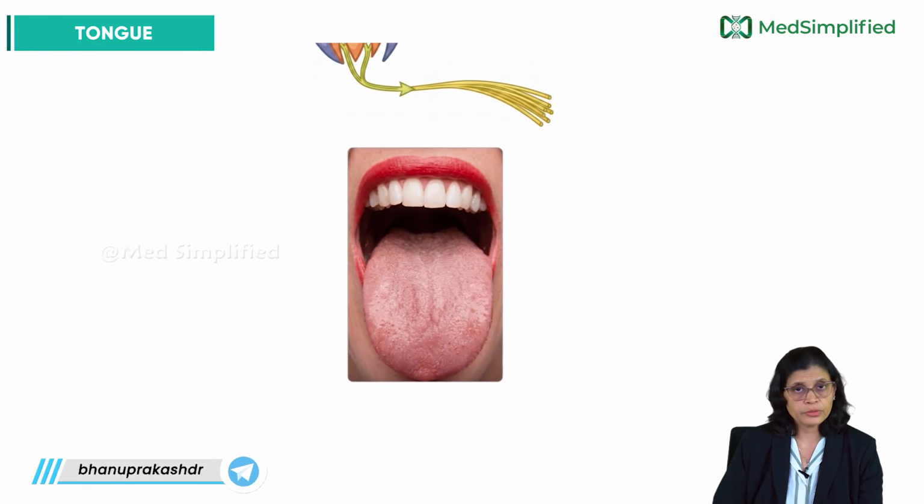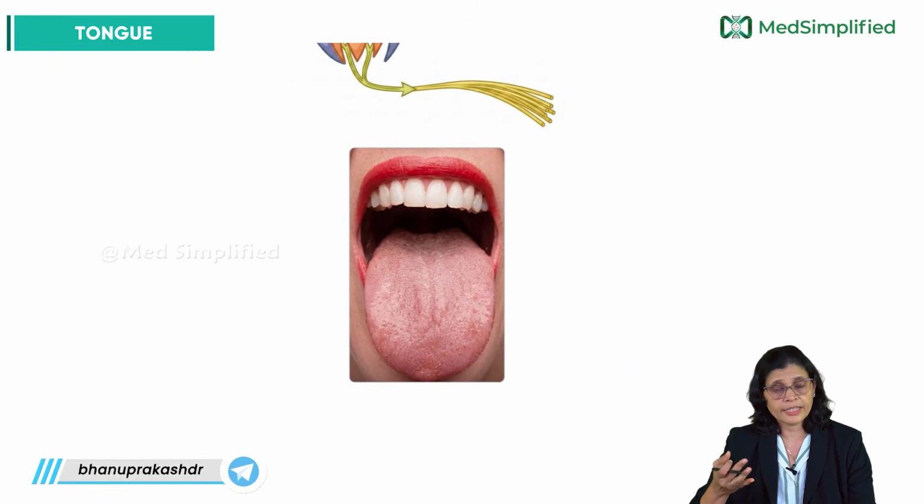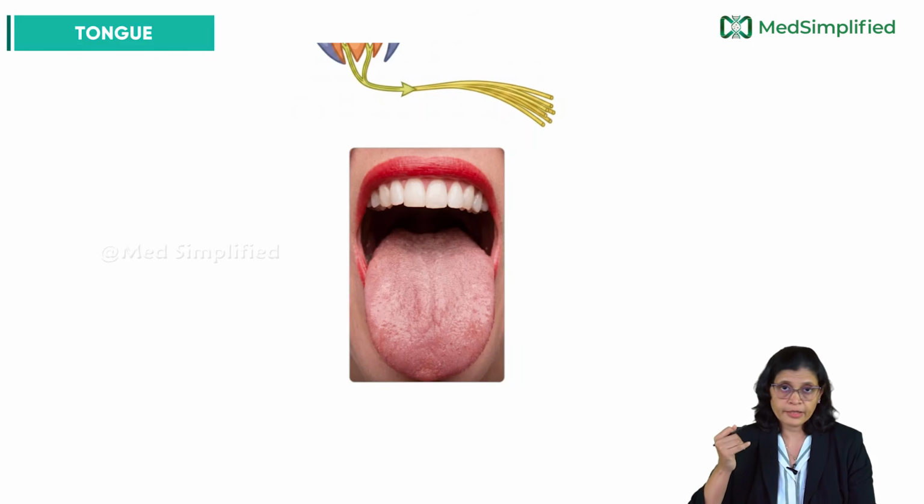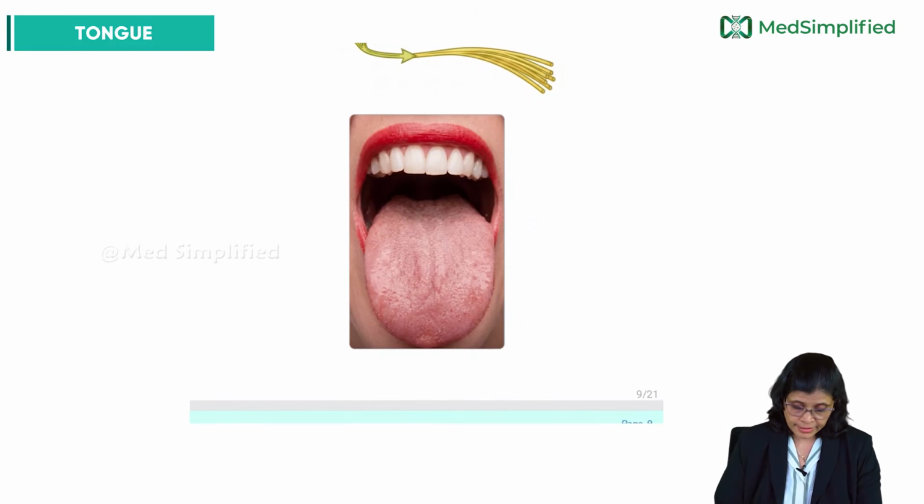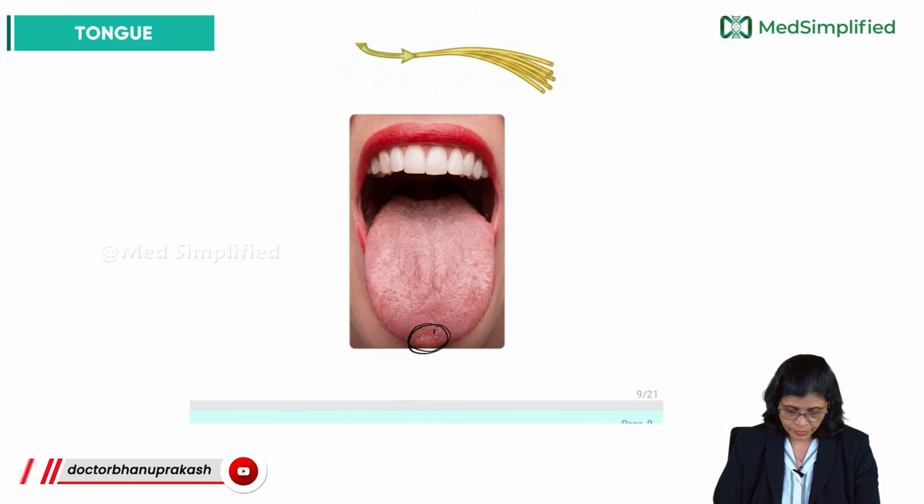Then the taste buds are distributed all over the tongue, okay. I told you the circumvallate papillae have the taste buds, then we have the fungiform papillae along the lateral margins, which also have the taste buds. At the tip of the tongue, we feel more of sweet taste.